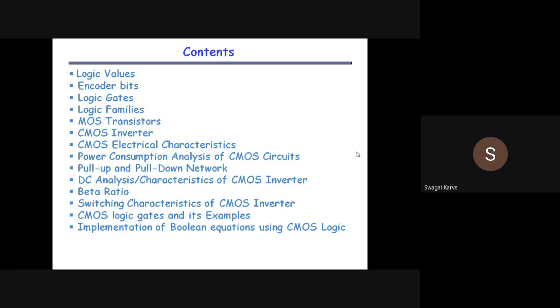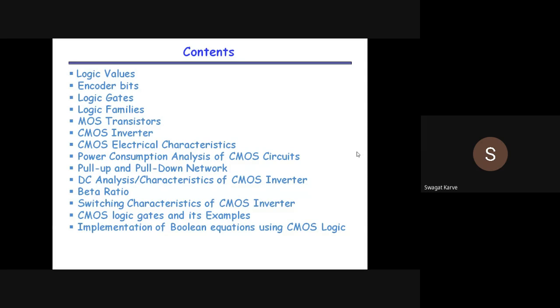Some of the part we have already discussed in unit number 4, but again we are going to discuss what the different logic families available are: the transistor logic family, PTL pass transistor logic family, and then CMOS logic.